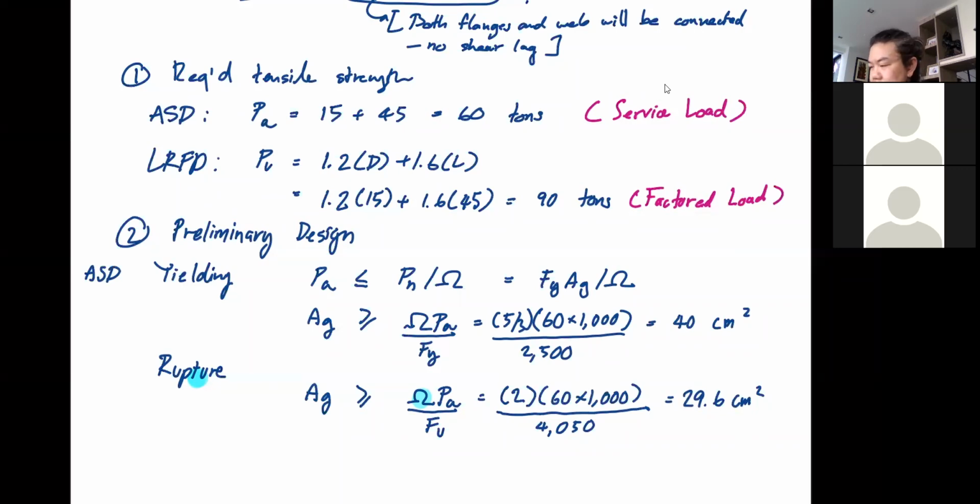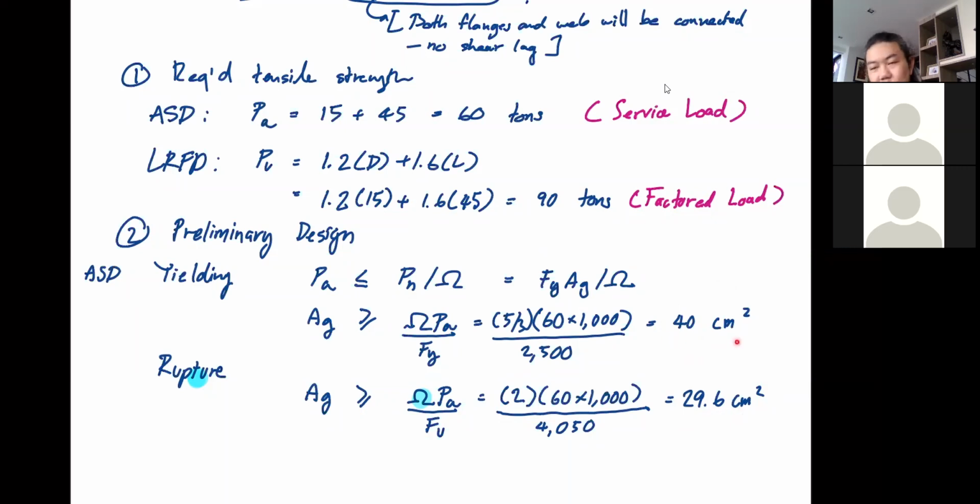So from this, you will see that you need to select the section with what? If you have two conditions, in the end it means that you need to select the section that has a cross-sectional area greater than 40, not just greater than 29.6.